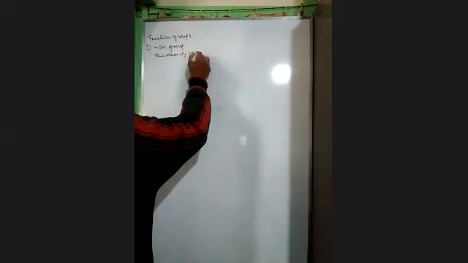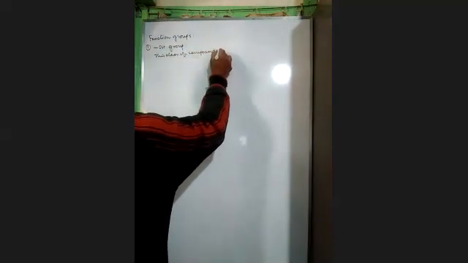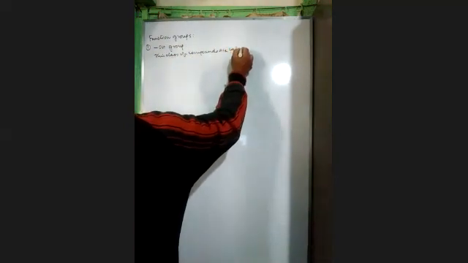Okay, now we'll go for functional groups. When you go for aliphatic compounds, we call them alcohols.